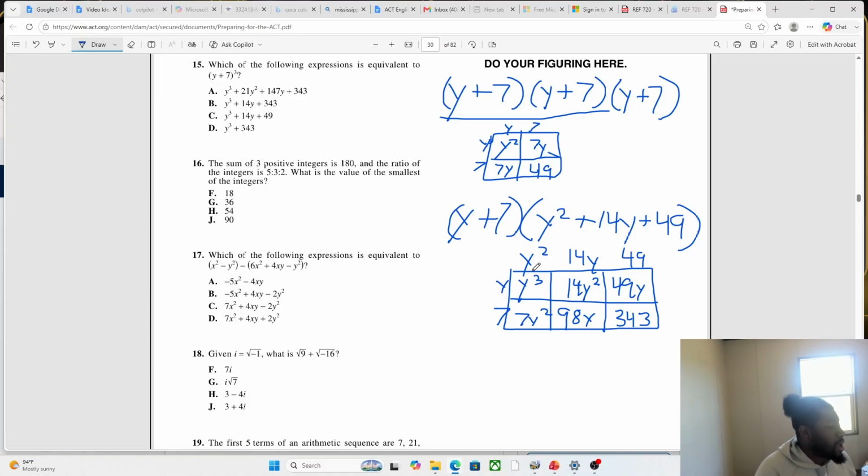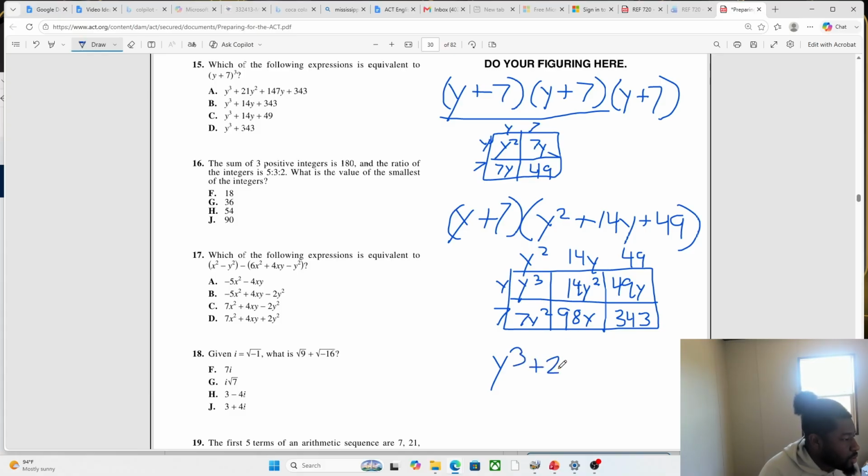All right, let's bring everything down and combine like terms. So we only have one cube term, y cubed. Add our square terms together.